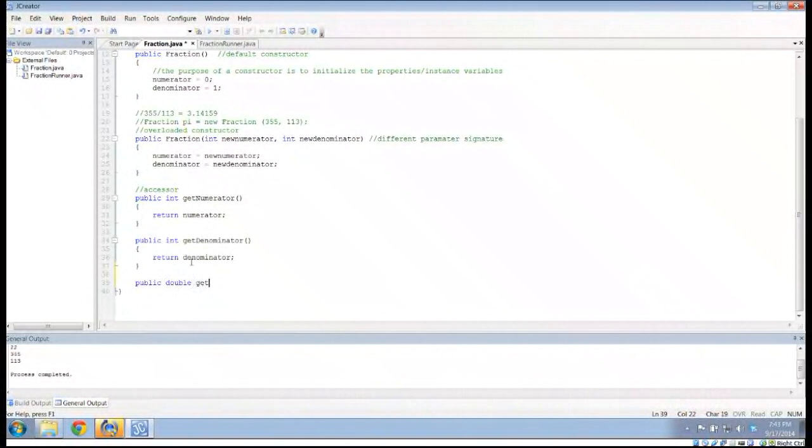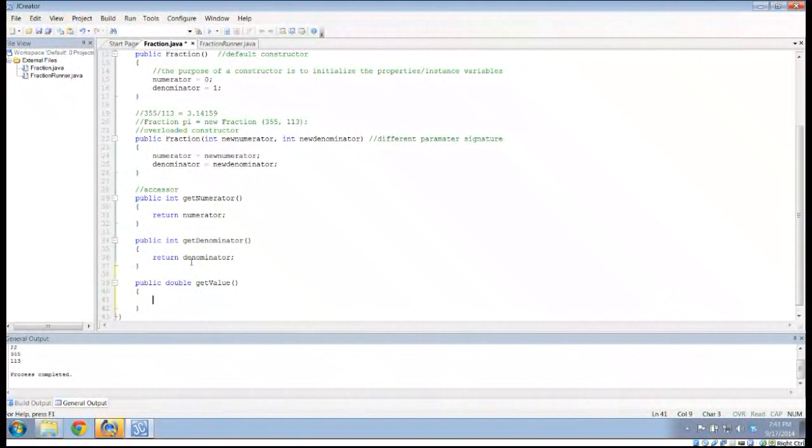And this is going to be getValue. It's really nice to start your method titles with a verb like get, or set, or put, or do something. Remember that our bug had methods like move and turn, nice verbs. And I want verbs for these methods as well. Get the numerator, get the denominator, get the value.